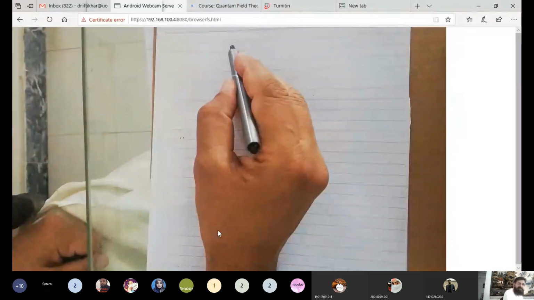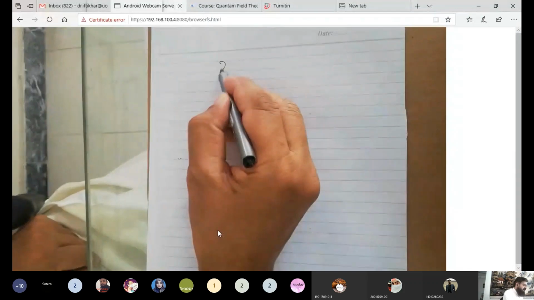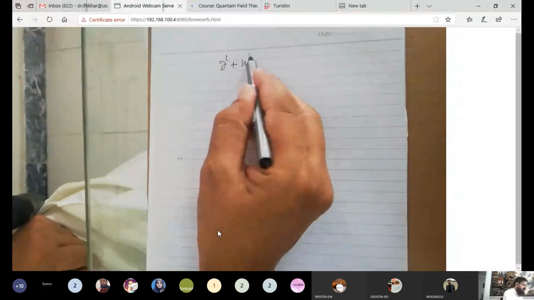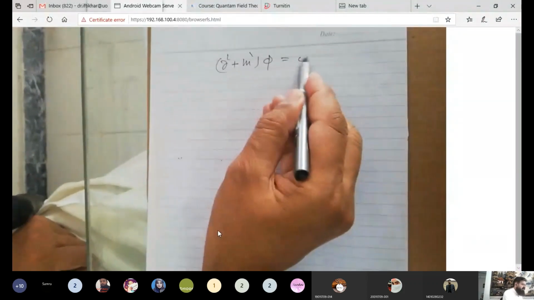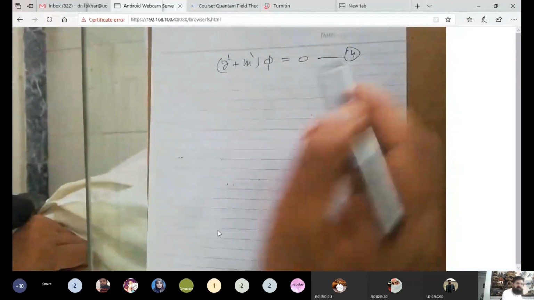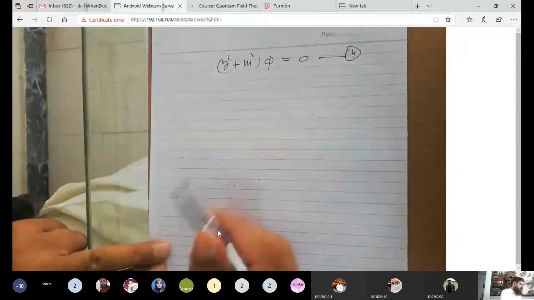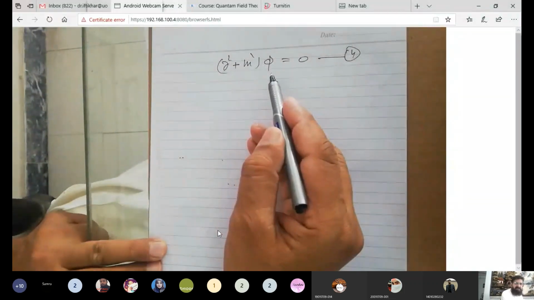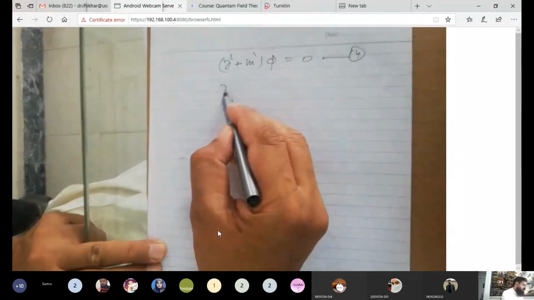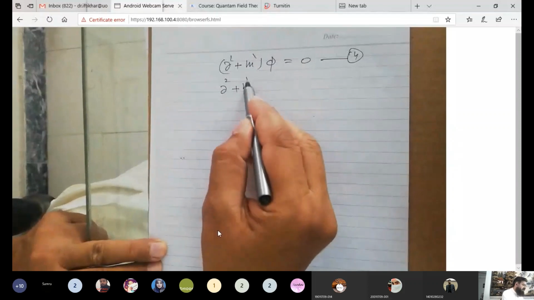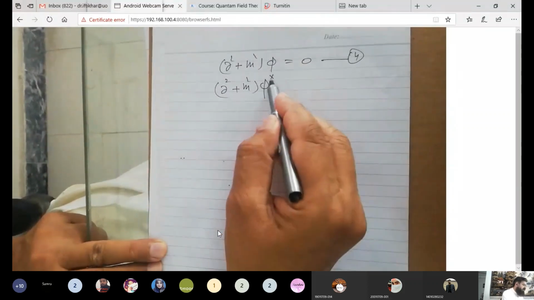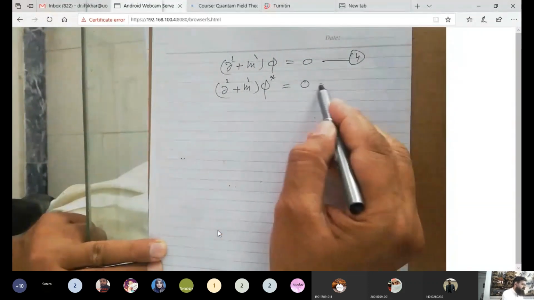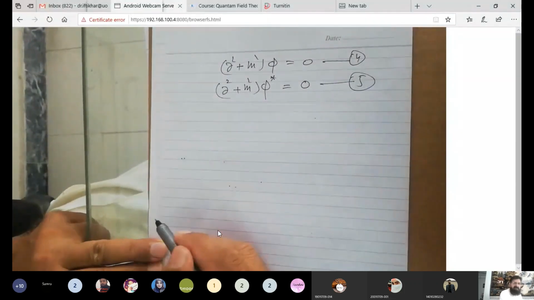So let's start from the Klein-Gordon equation, (∂² + m²)φ = 0. This is equation number 4. Because φ is a complex wave function, you can take the complex conjugate, φ*, and put it here as equation 5.